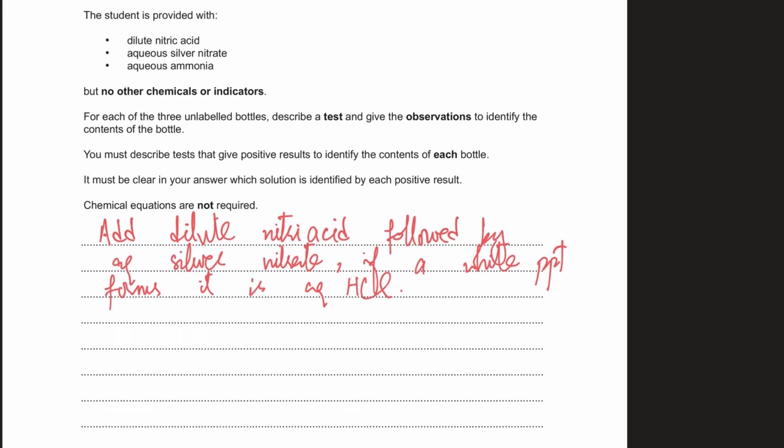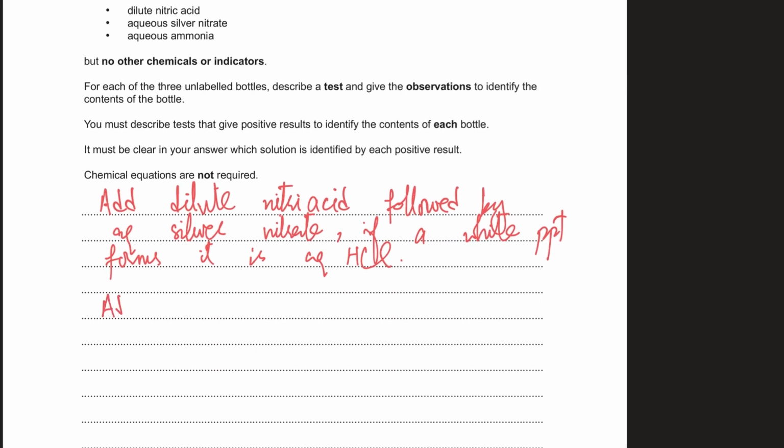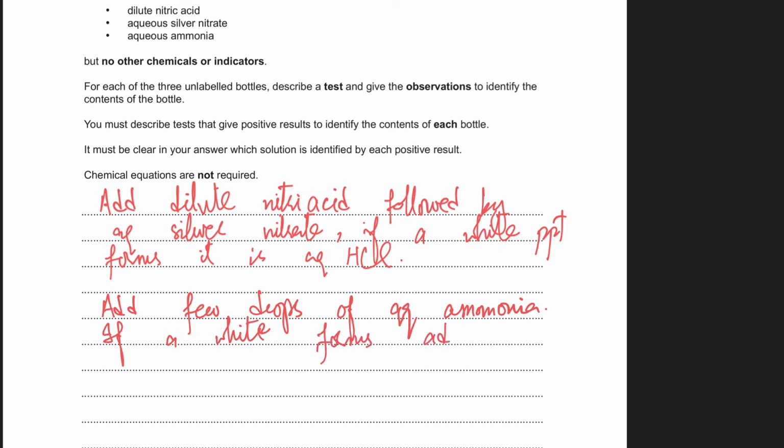Next, add few drops. Now it's important to mention few drops. Few drops of aqueous ammonia. If a white precipitate forms, because with HCl it will not create a white precipitate, add it in excess.